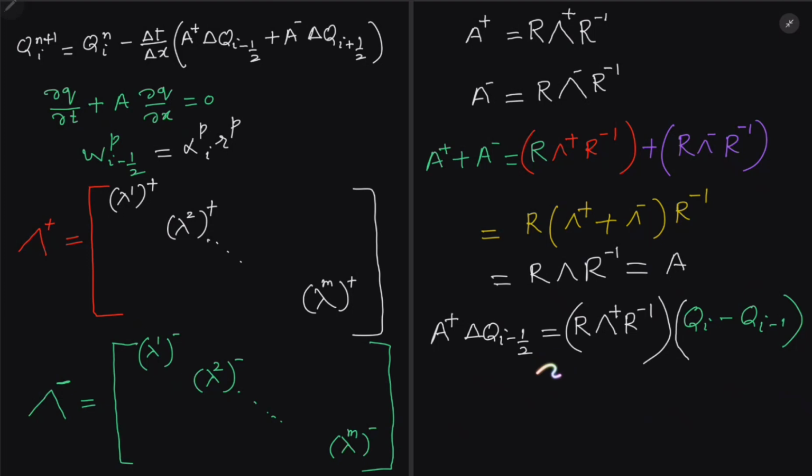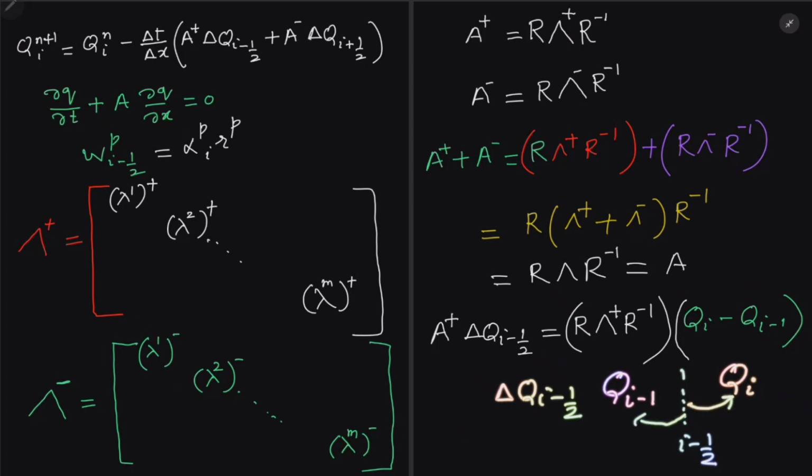Let me just remind you what delta Q i minus 1/2 is. It means that we have i minus 1/2; on the left we have Q i minus 1, and on the right we have Q i. So delta Q i minus 1/2 means that we take the forward value and take a difference from Q i minus 1.